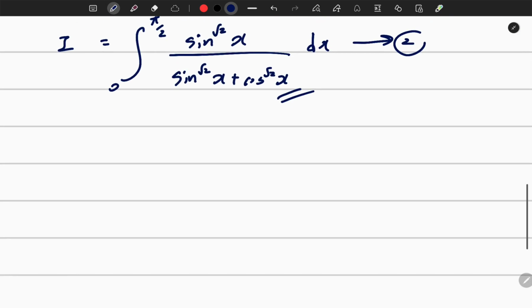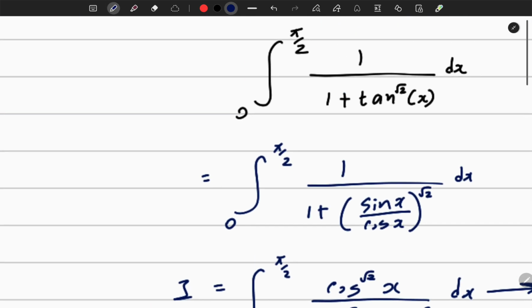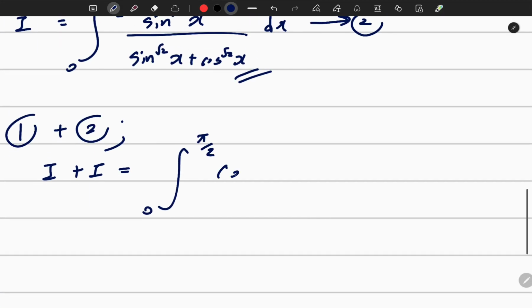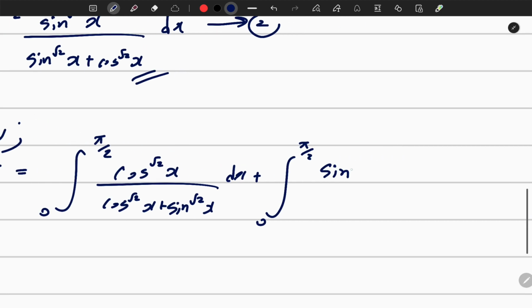Now what I am going to do is just add them together. So I plus I is equal to the integral from 0 to 90 of cos root 2x over cos root 2x plus sine root 2x dx plus the integral from 0 to 90 of sine root 2x over sine root 2x plus cos root 2x dx.